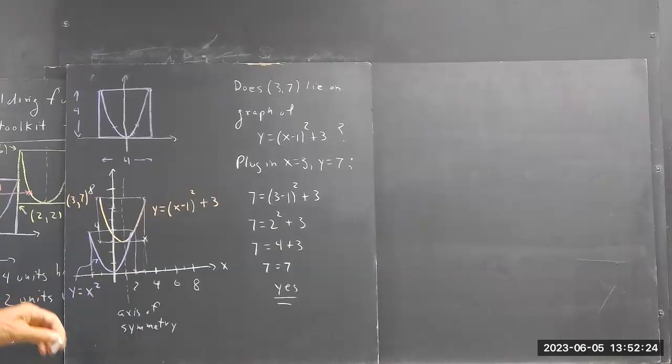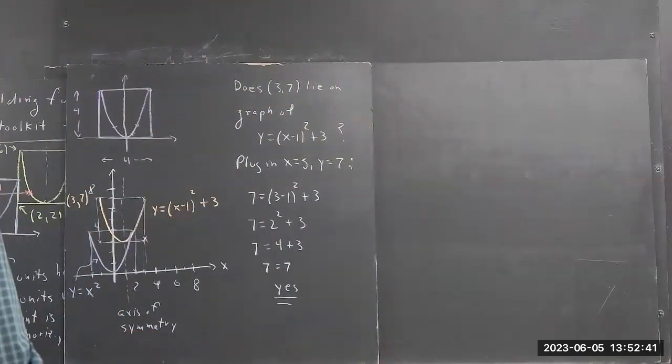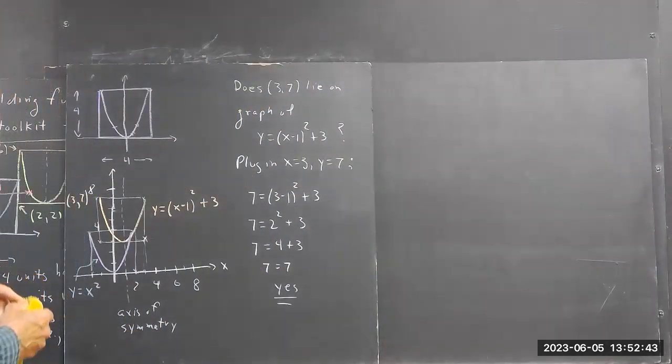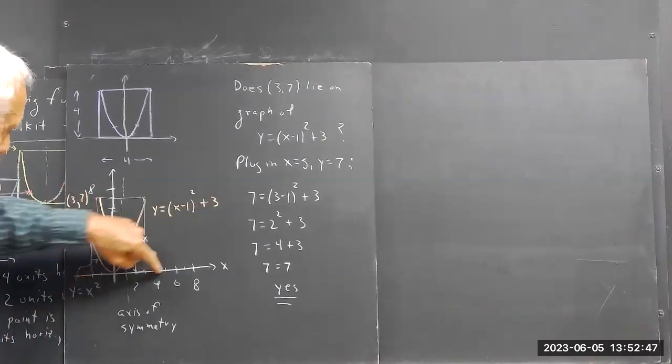Okay, so if x is, uh-oh. I know where I got 3, I was moving up 3 units, and 3 stuck in my head. Obviously, this coordinate is not 3. 3 is all the way over here.